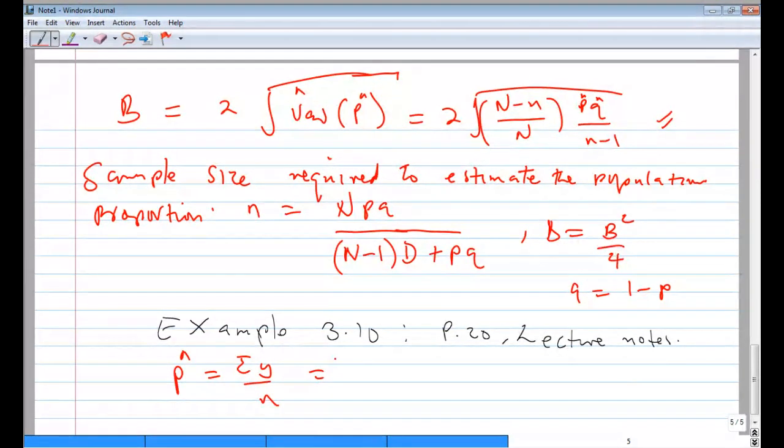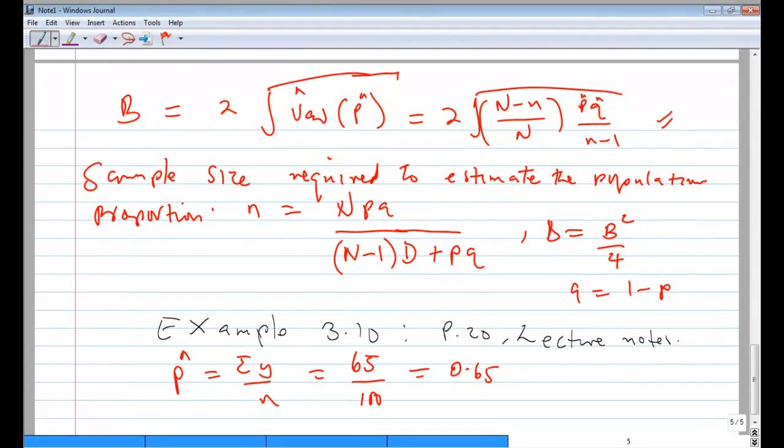And the summation of y is 65, isn't it? And the sample size is 100. So the answer is 0.65.